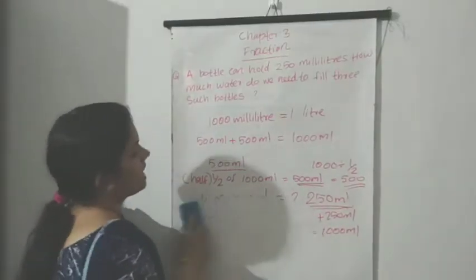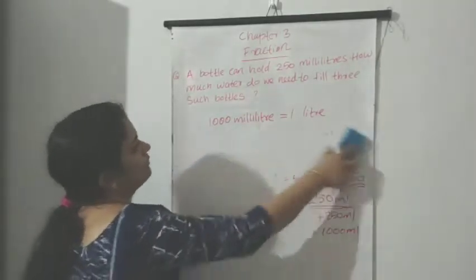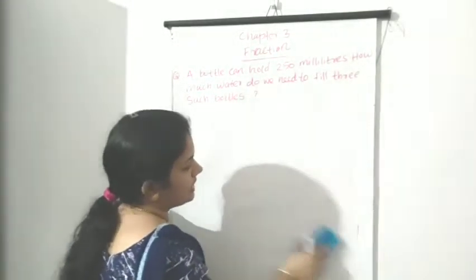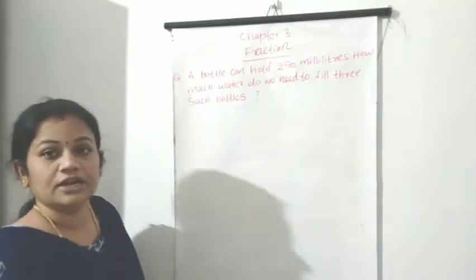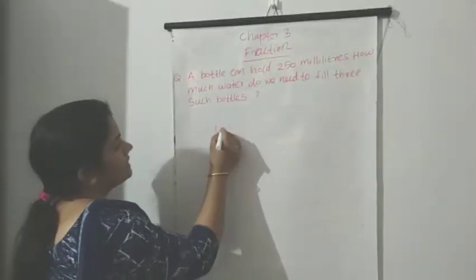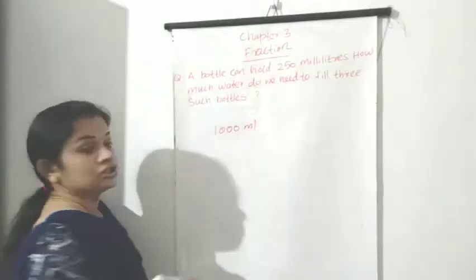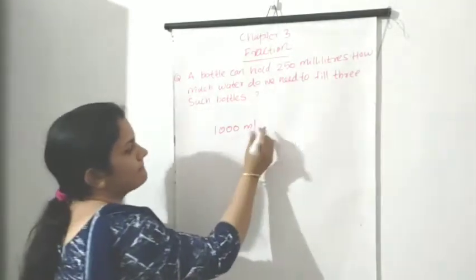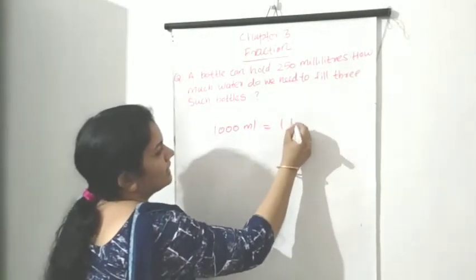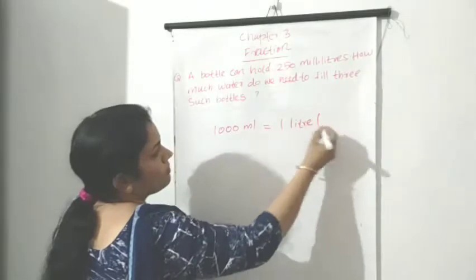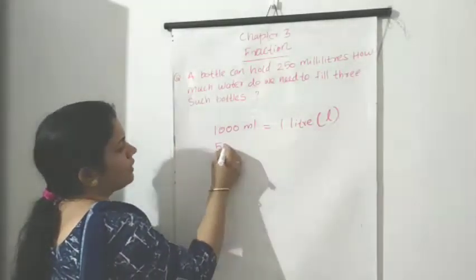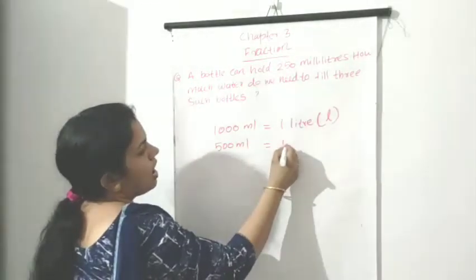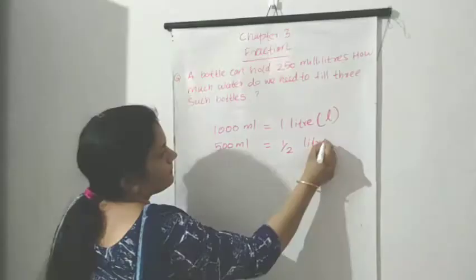We can write 1000 milliliter equal to 1 liter, 500 milliliter equal to half liter, then 250 milliliter equal to quarter liter. The short form of milliliter is ml, 1000 ml is equal to 1 liter. What is the short form of liter? L. So 500 milliliter equal to half liter.